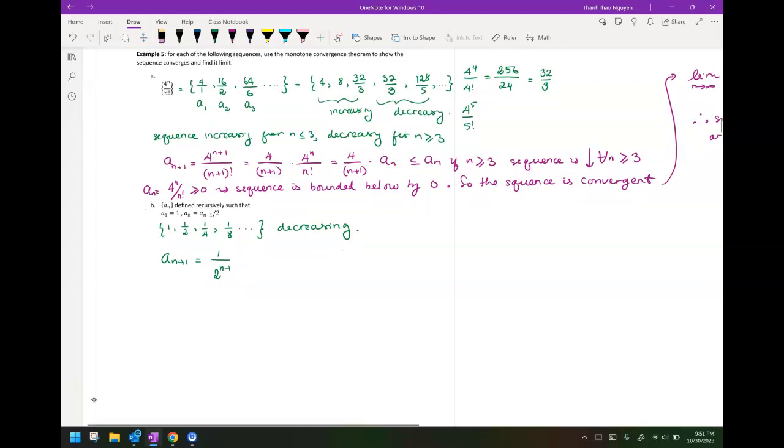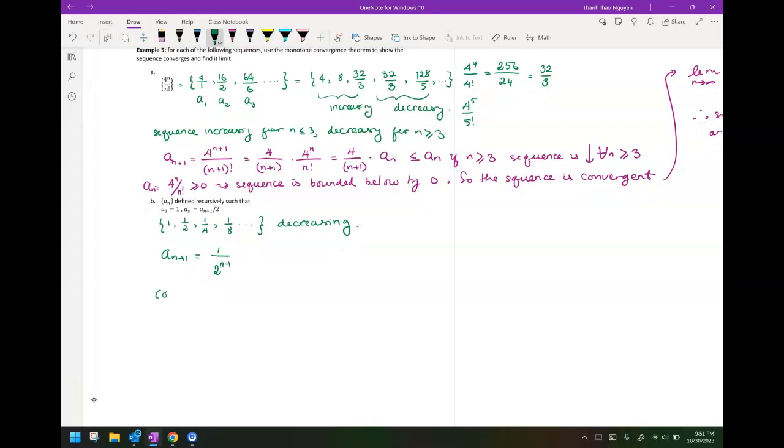So this sequence converges. Okay. So take a look at the limit as n approaches infinity of a sub n plus 1. That is equal to the limit as n approaches infinity of 1 over 2 to the n minus 1, and this approaches 0. So the sequence is converging to 0. It's decreasing.